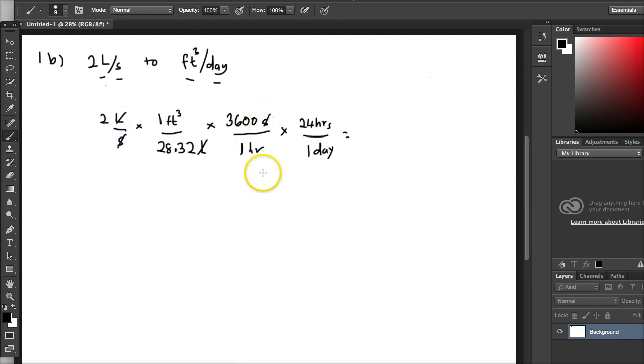Seconds cancel out, and hours you also cancel out, and then you get cubic foot per day. So this calculation gives us 6102 cubic foot per day. So 2 liters per second is equal to 6102 cubic foot per day. So that's for question 1B. We move to the next question.